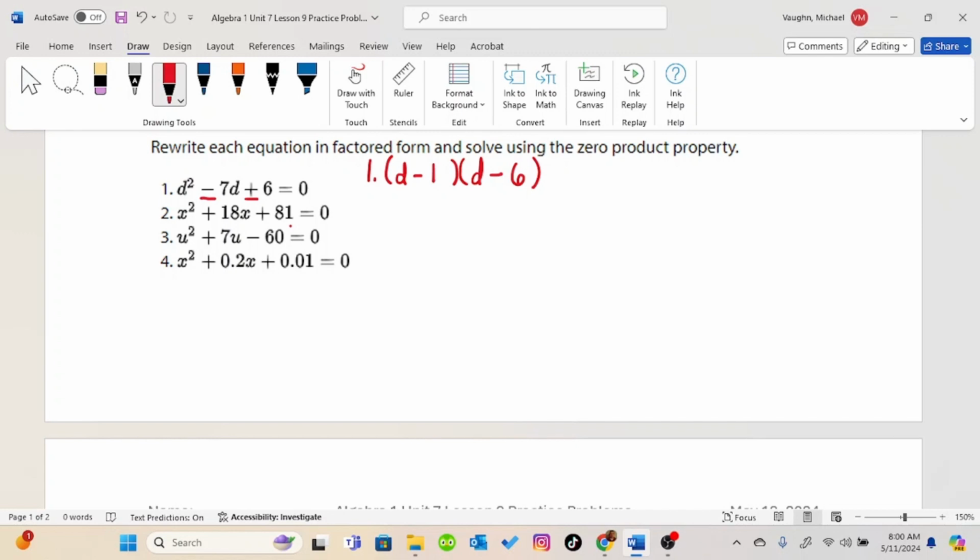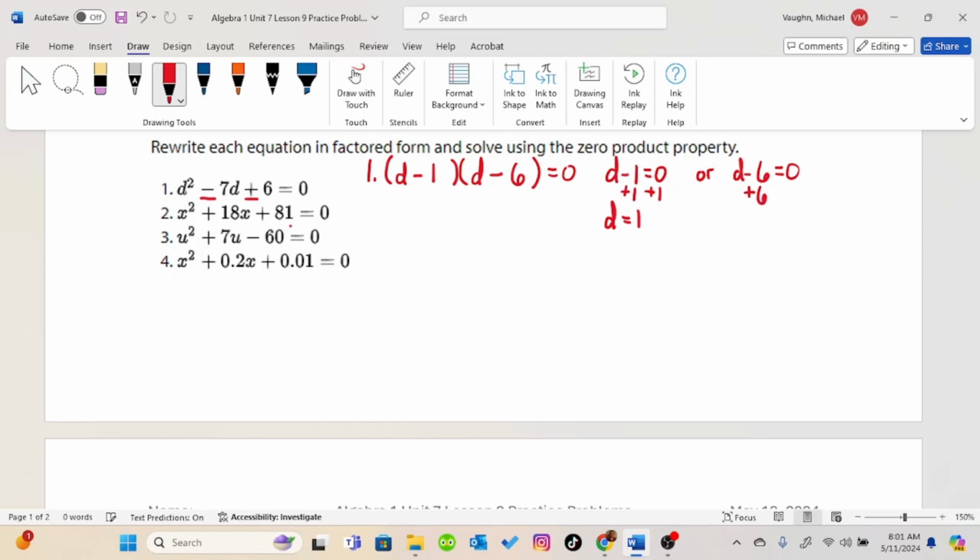Now that I have the factored form, I need to use the zero product property to find the solutions. So either d minus 1 equals 0, we add 1 to both sides, and we find out that d equals 1, or d minus 6 equals 0.